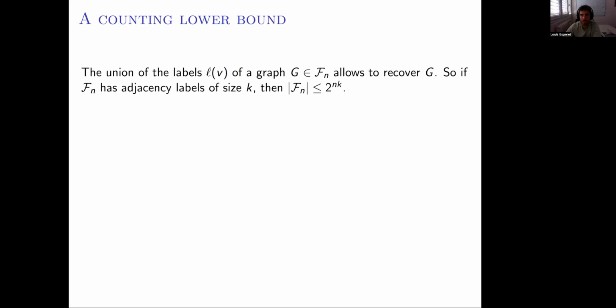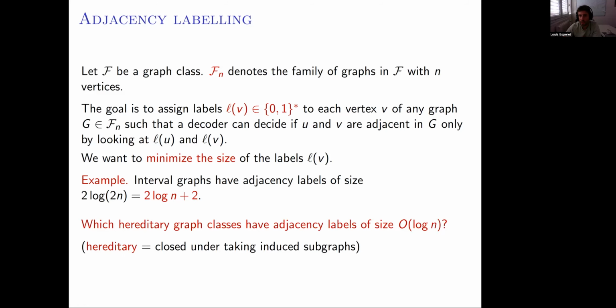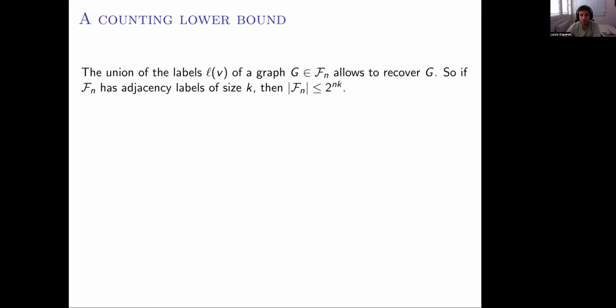All right. So you would like to understand this question, which hereditary graph classes have adjacency labels of log n, but for this you need to understand how to design adjacency labels, but you also need to understand how you can prove lower bounds on adjacency labels. And there's one basic lower bound, which is the counting lower bound.